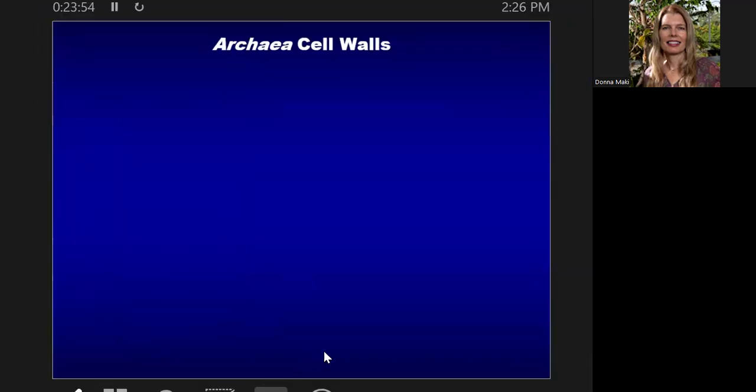Here, a little bit about archaea. For the domain archaea, I'm just going to say a little bit about them because their cell walls have a lot more variety than what we see in the domain bacteria. Once you see one gram-positive bacterial cell wall, it's pretty much like that.